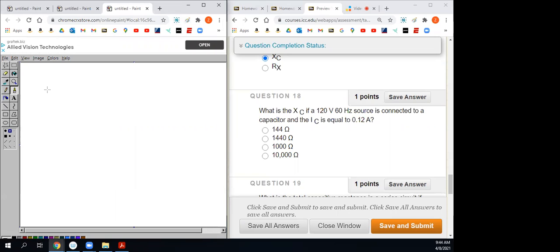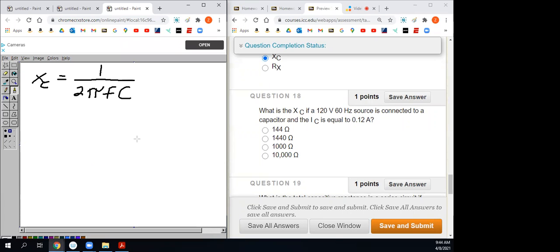What's your formula? It's asking for capacitive reactance. What's the formula for capacitive reactance? 1 over 2 pi F C.